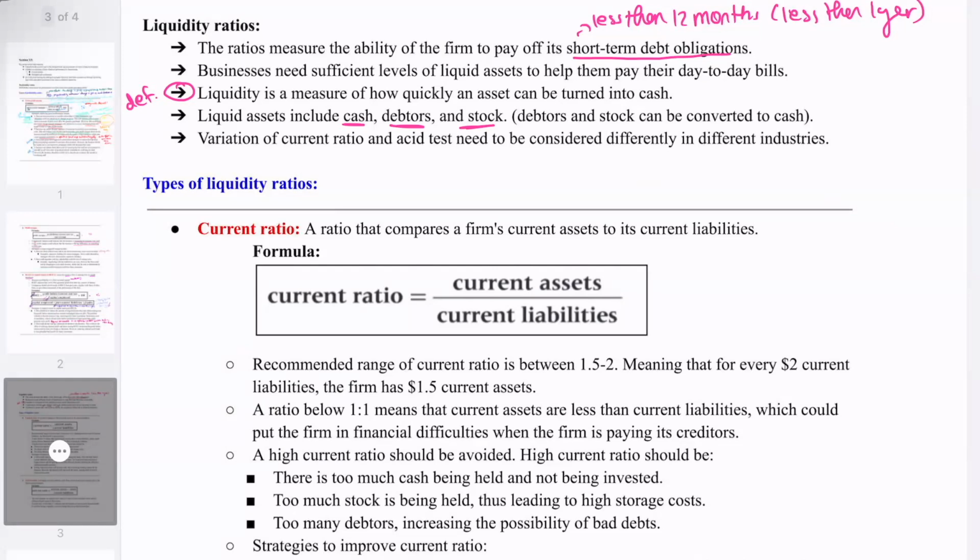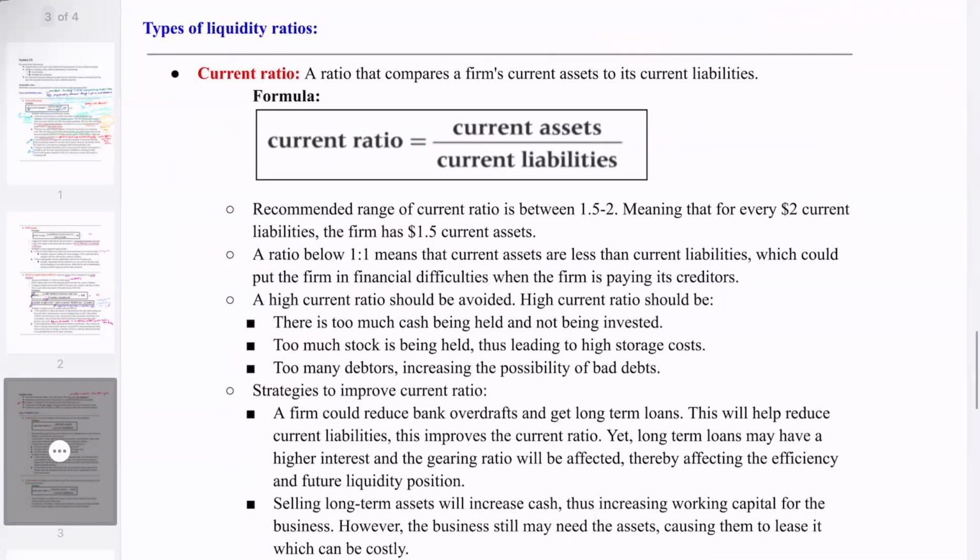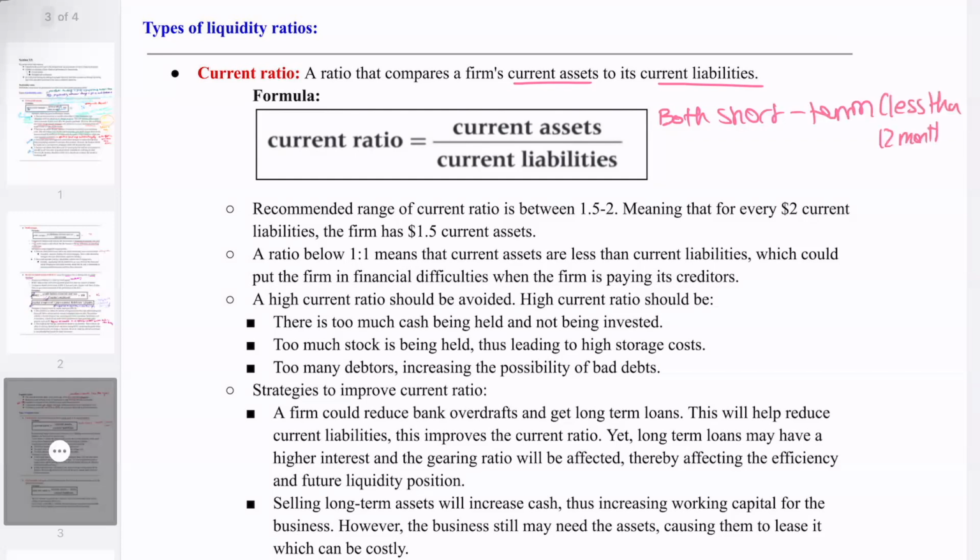So now we're going to begin. The first type of liquidity ratio we have is the current ratio. It's a ratio that compares a firm's current assets to current liabilities. Both of those are short term, less than 12 months, a year.